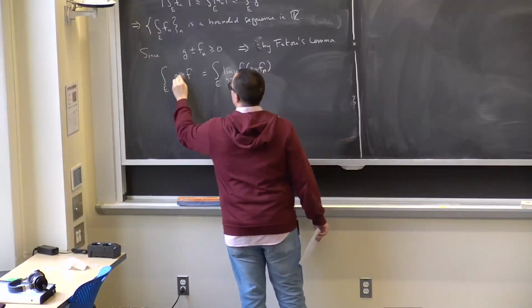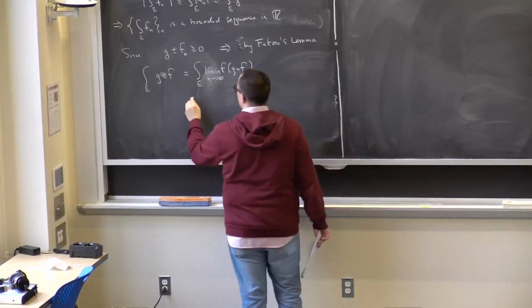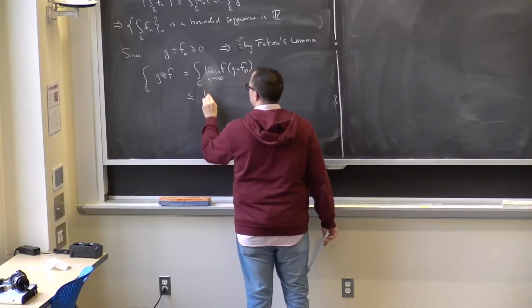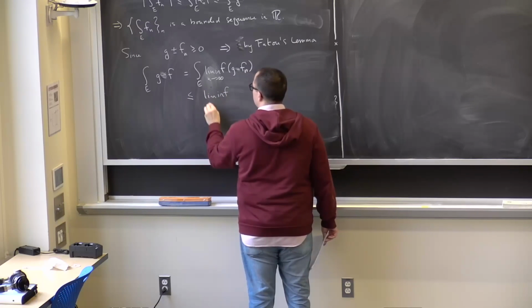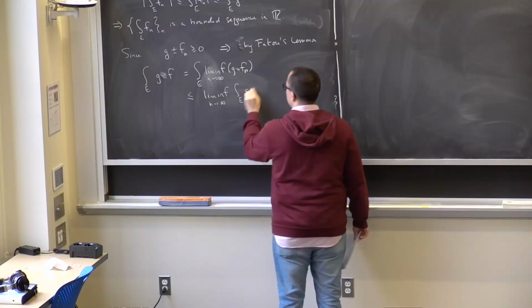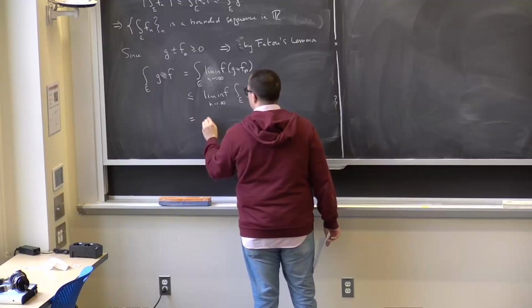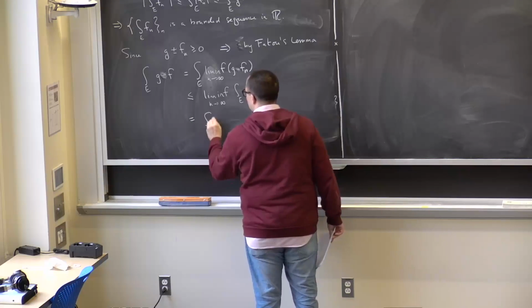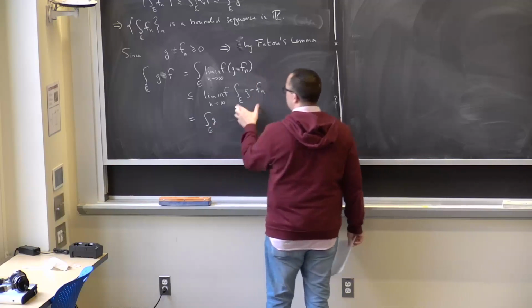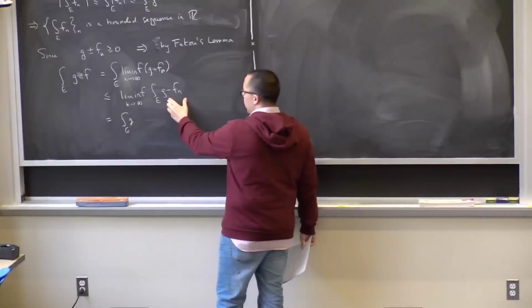Let's do a minus here. And by Fatou's lemma, this is less than or equal to the lim inf as n goes to infinity of the integral over E of g minus f sub n. Now this is equal to, using linearity, the integral of g minus the integral of f sub n.